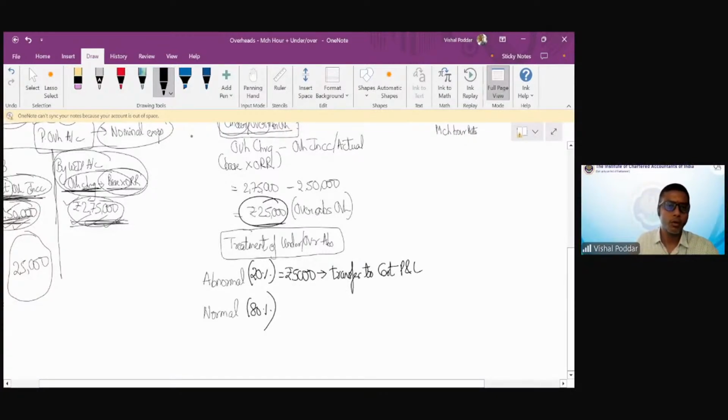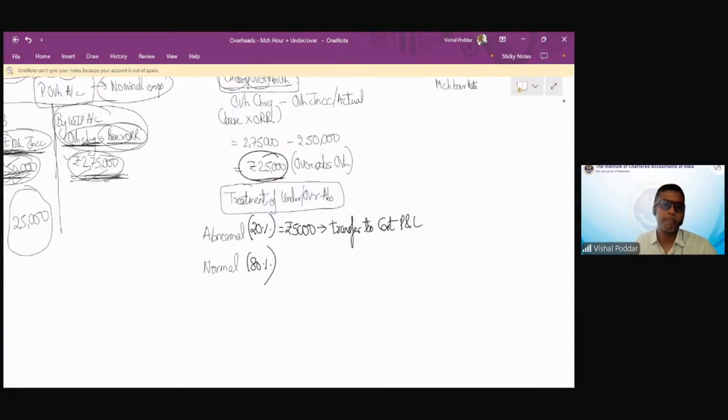We all know this. In costing, whenever they have asked for treatment, the treatment is simple, that whatever is the abnormal cost will always be transferred to P&L. Now, whatever is the normal portion, which in my case comes to 25,000 into 80%, it is 20,000. This is transferred to product accounts because we charge normal to the product.